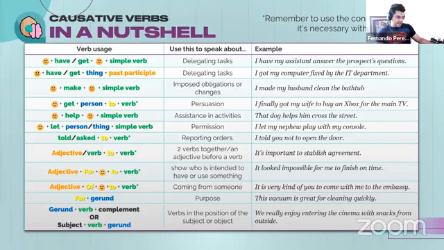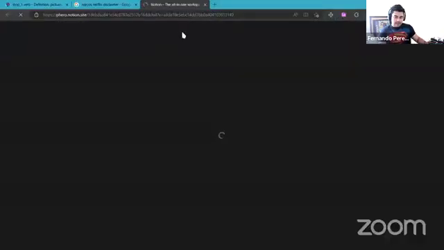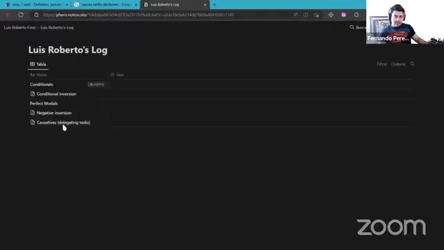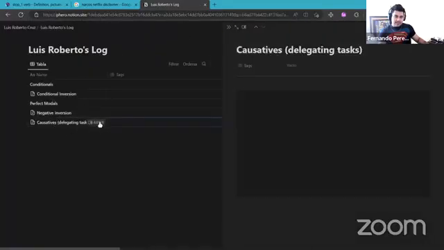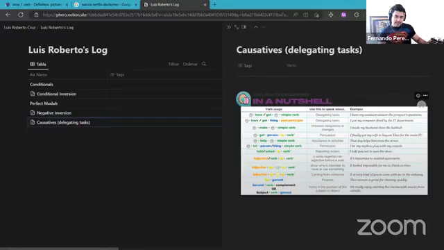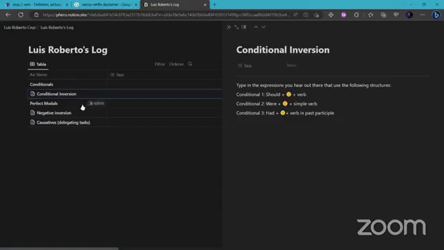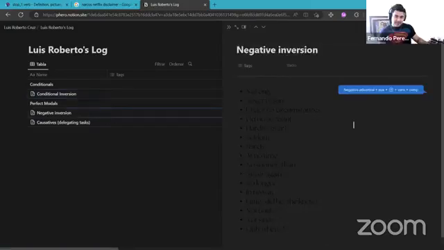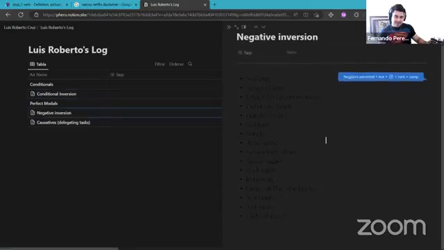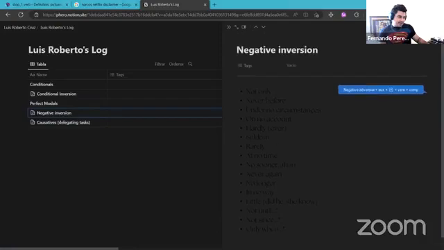The link is on your WhatsApp. It's the same link. So you open like this, and you will see the data. Perfect.